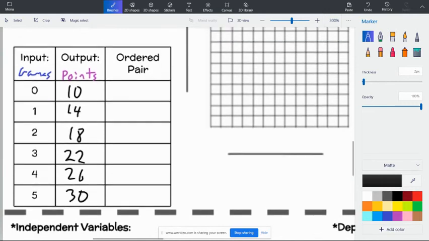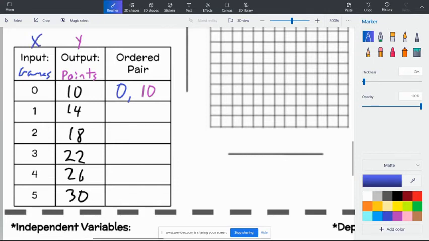The last thing we're going to do is make ordered pairs. The first ordered pair is going to be 0, 10. Our x and y values. Our input is x. Remember, our output is y. We can write that up there.